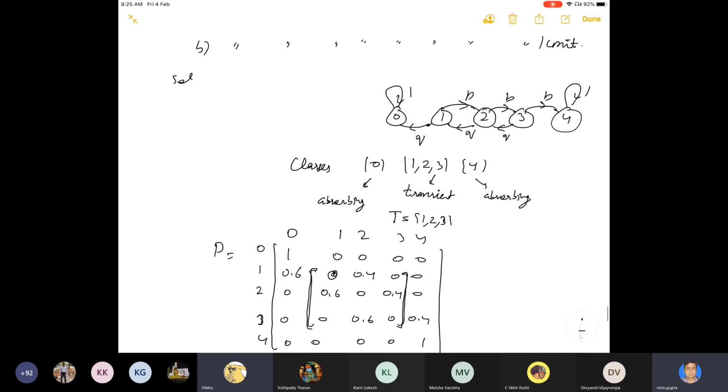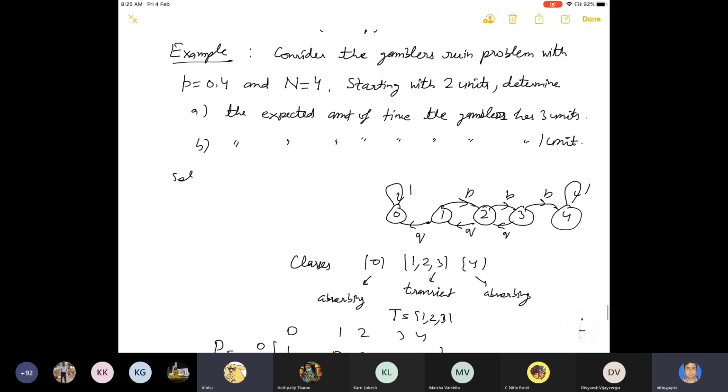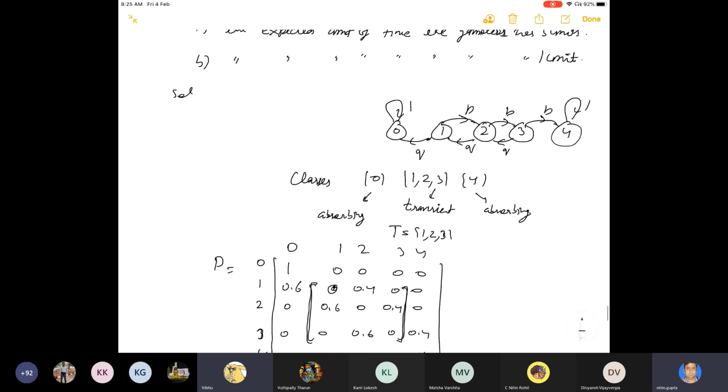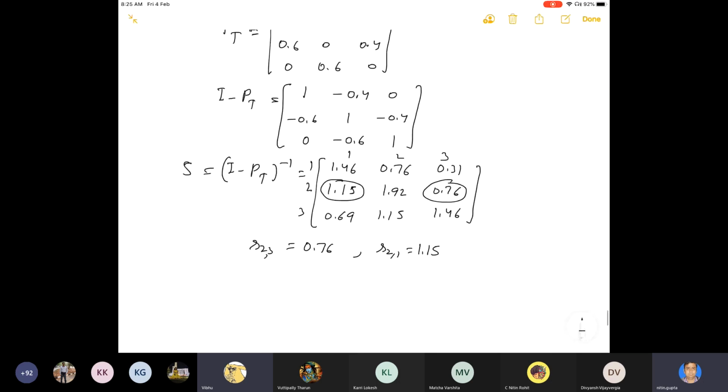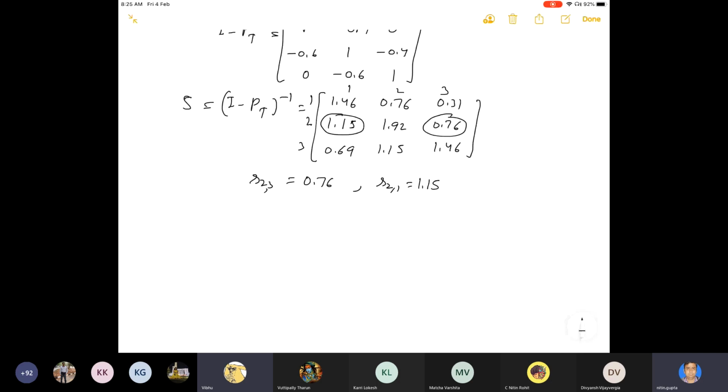So we have got the answer: starting with state 2, the expected amount of time the gambler spends in state 3 is 0.76. Starting with state 2, the expected time the gambler spends in state 1 is 1.15.